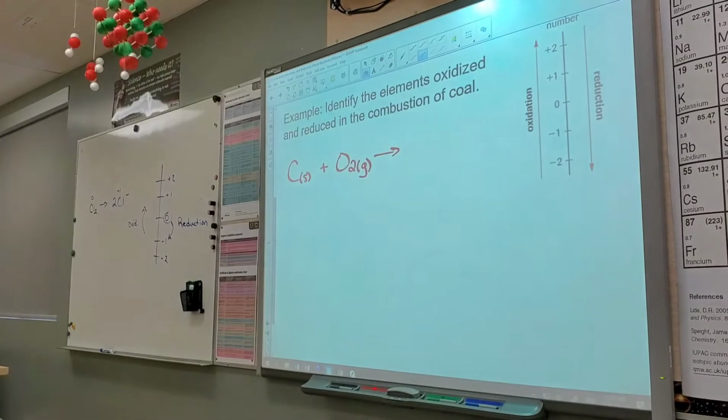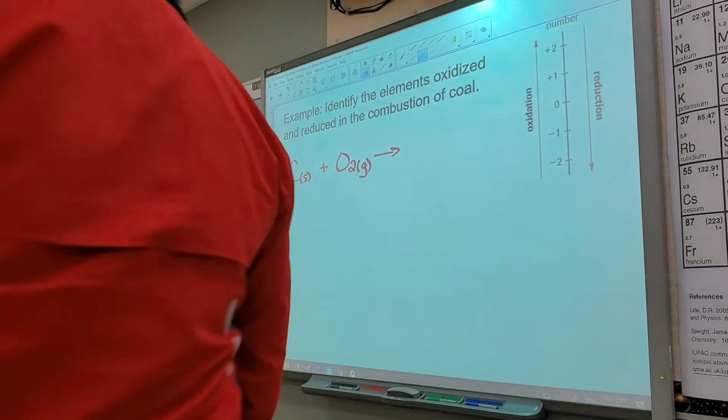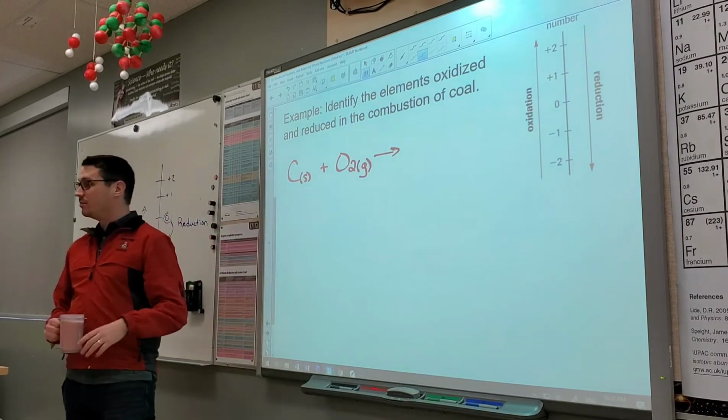Now, in a normal combustion reaction, we would get two products. We would get carbon dioxide and what else? Water vapor, right? Can we make water vapor in this case? Why not? Why can we not make water vapor?